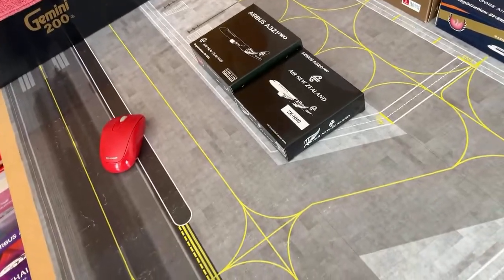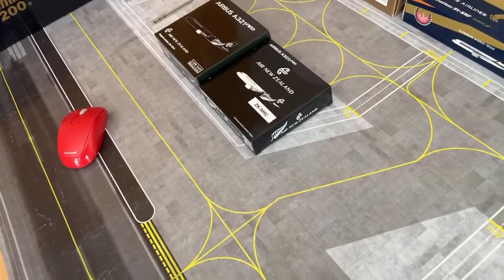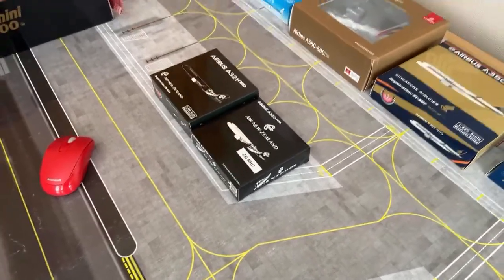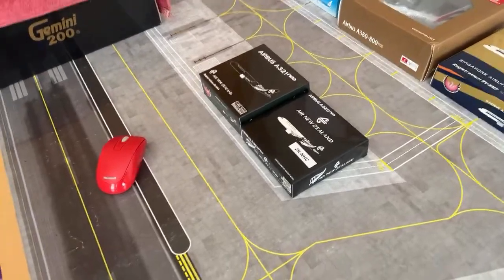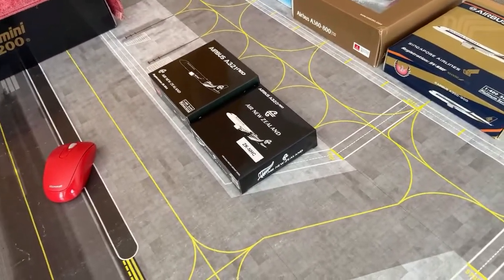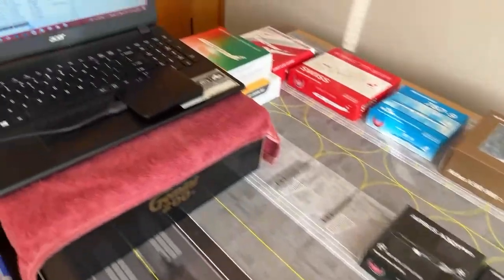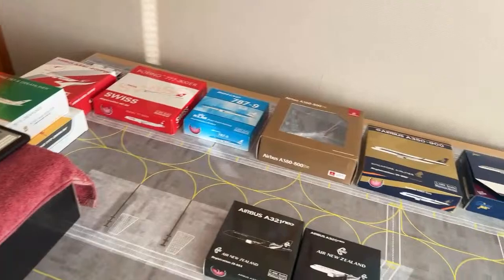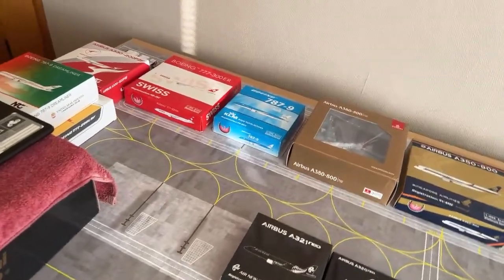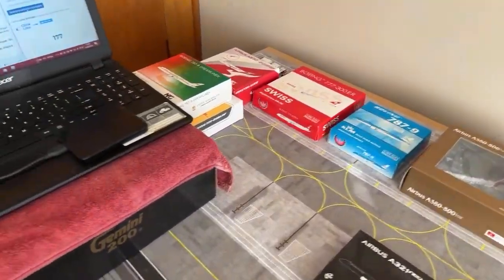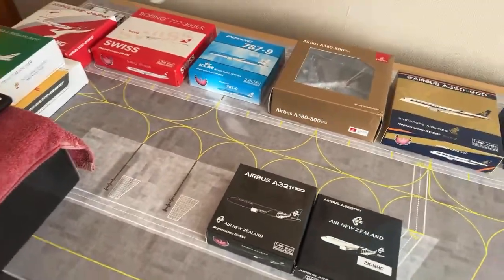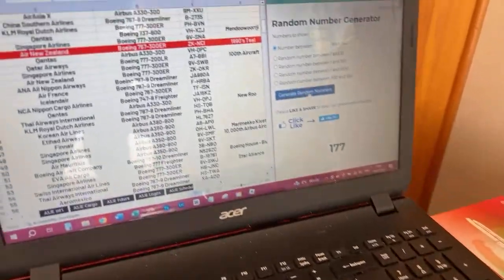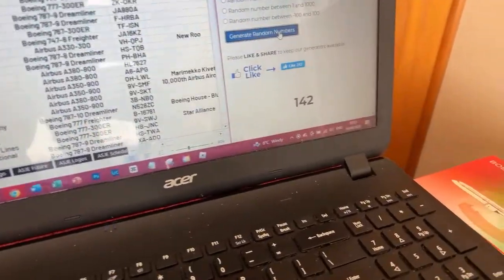No, I don't think the Blackburn livery would look nice in the All Blacks livery, All Black slash Blackburn, Black Beauty, whatever you want to call it. It won't look good on that aircraft. I'm just saying that as I don't like the aircraft in general. But as I mentioned, I do have the Air Calin A320. That's an aircraft that hasn't been released, and I think it needs to be released anyway.